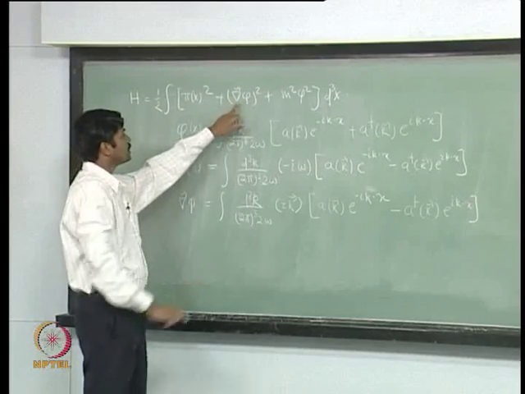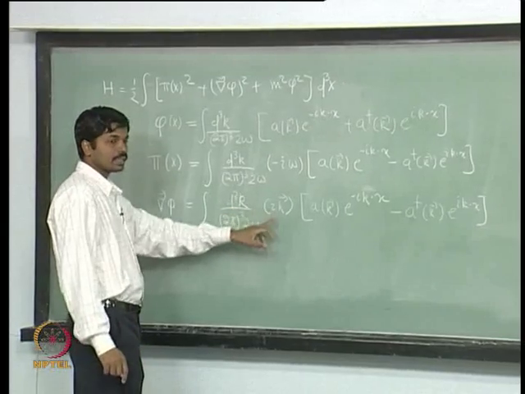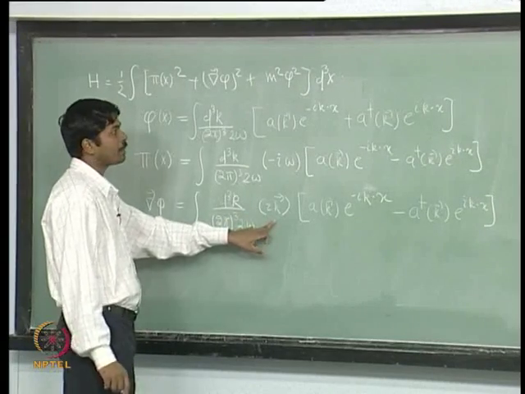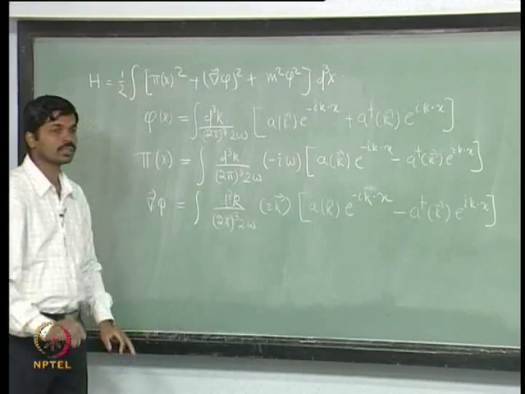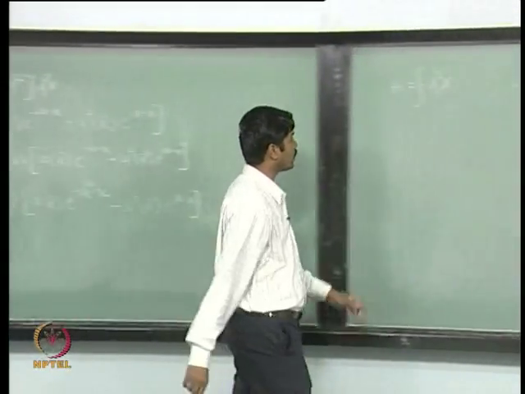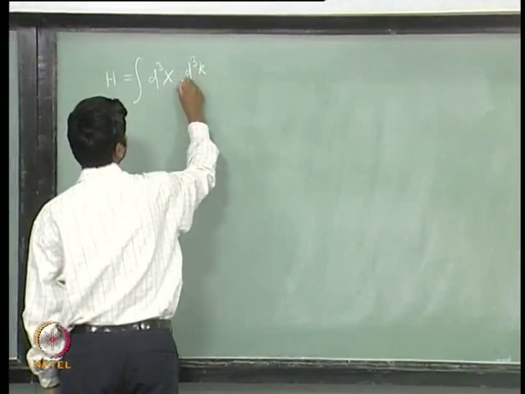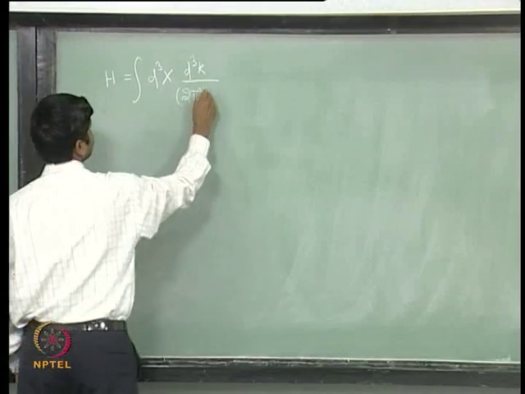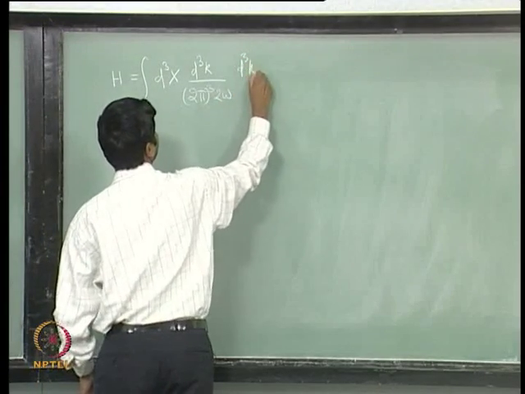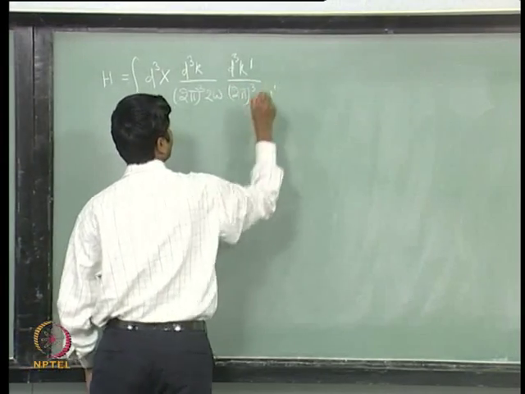Similarly, here you have grad phi square. So, for one of them I will use the integration variable as k, and for the other grad phi I will use k prime. Similarly, for phi square also I will use k and k prime as the variables. So, I have three integrations, one over d cube x, and then d cube k over (2 pi) cube 2 omega, and also d cube k prime over (2 pi) cube 2 omega prime.